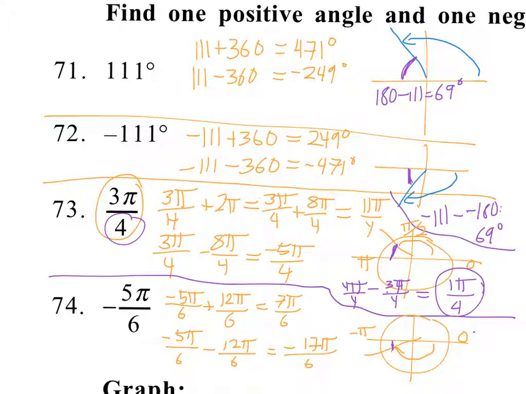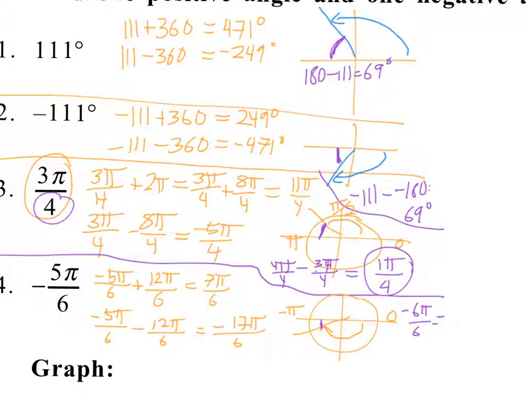And if I do negative pi, so let's do 6 pi over 6 minus negative 5 pi over 6, I end up at negative 1 pi over 6. We mentioned a few minutes ago that it has to be a positive value. So what we're really talking about is the absolute value of this. So pi over 6 would be the reference angle. I'd also like you to notice that pi over 6 is the same denominator as the angle that we started with.